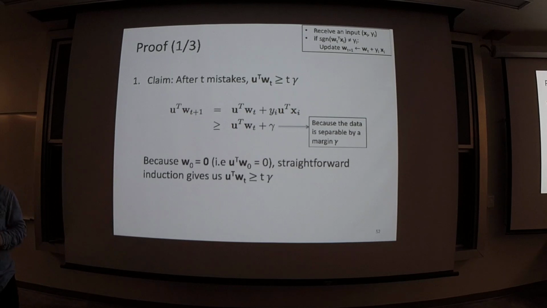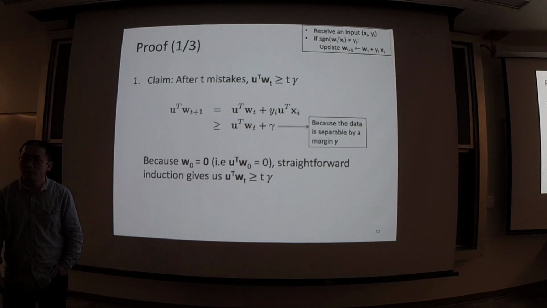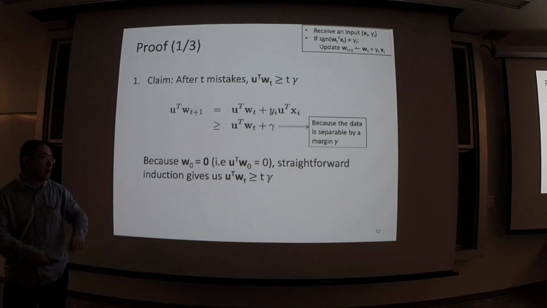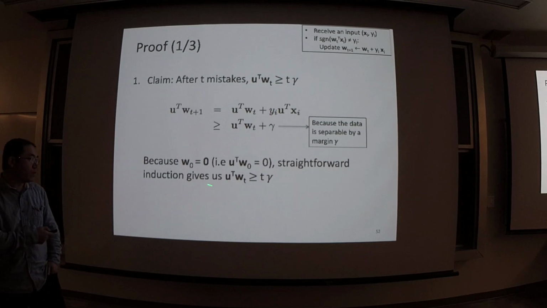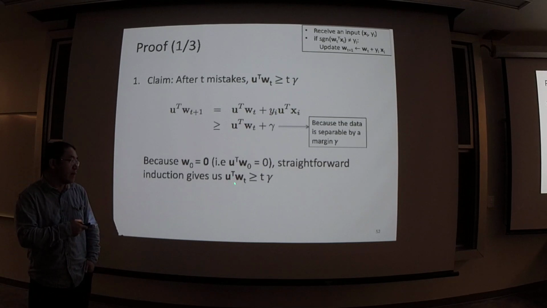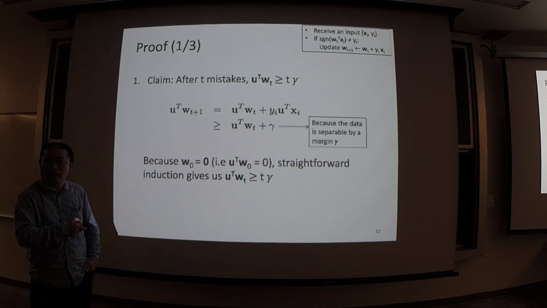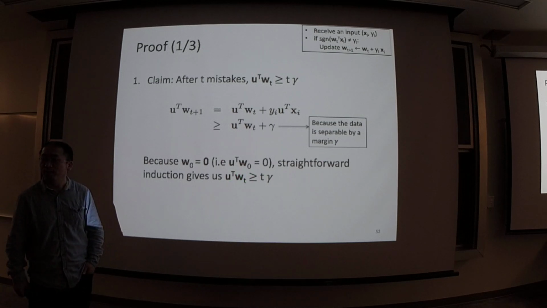Now look at the initial step. In the initial step, w_0 equals 0. At the very beginning, our weight vector is 0, so u transpose w_0 is 0. So after you make the first mistake, u transpose w_t is no less than gamma; that's t equals 1.